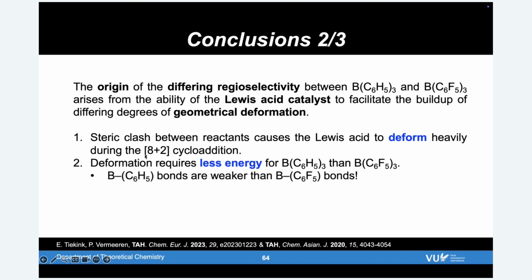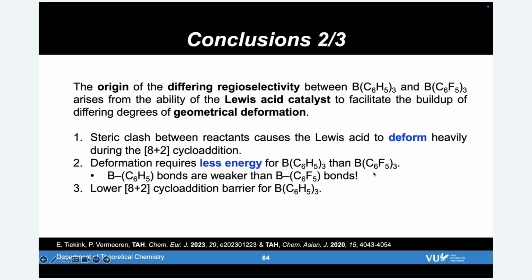And that can be traced back to the strength of the boron phenyl bonds, so the boron carbon bonds that link to the phenyl group here. So this BC bond is much weaker than the BC bond in the perfluorinated version, and it's much easier to bend and deform weak bonds than it is strong bonds.